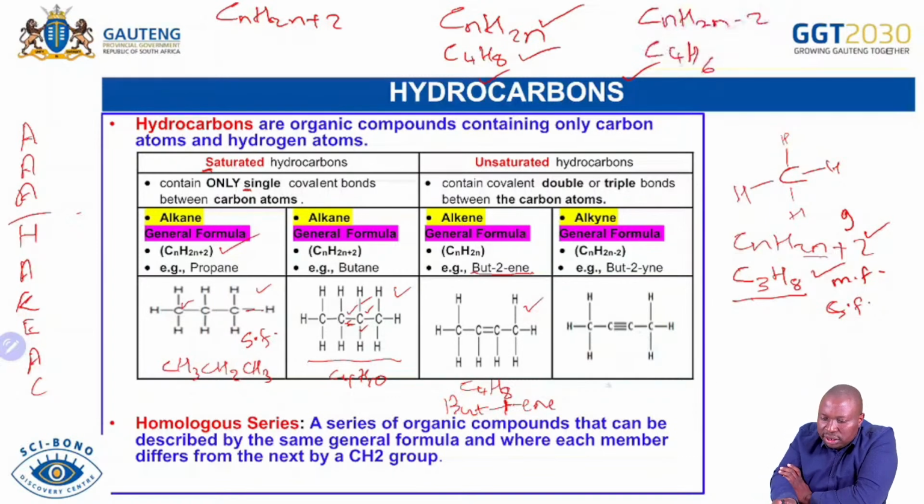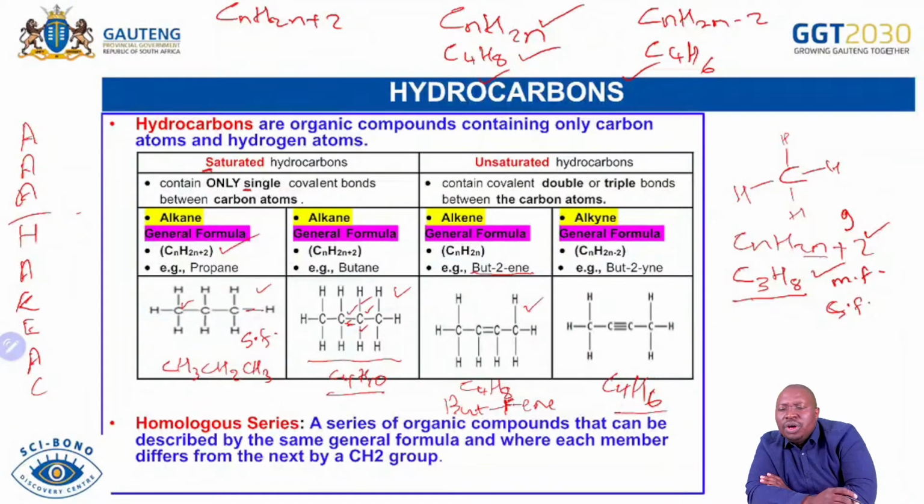So we have moved from C4H10 for alkanes with the maximum number of hydrogens. When we go to alkenes, we remove 2 hydrogens, we get C4H8. When we go to alkynes, we remove another 2, we get C4H6. I hope you have understood how to move from general formula of alkanes to alkenes and to alkynes.